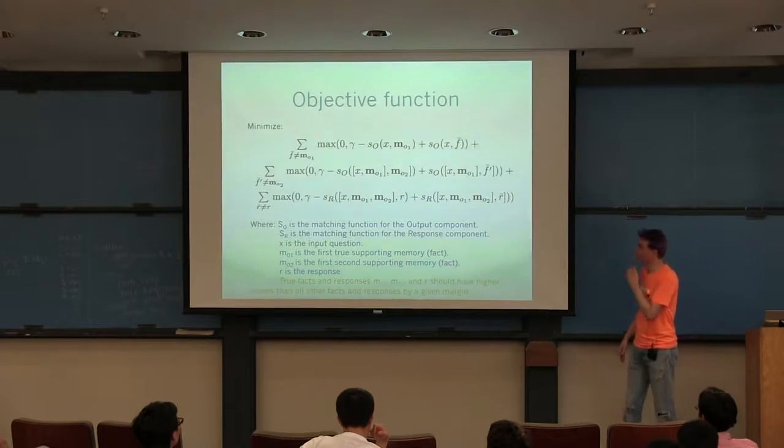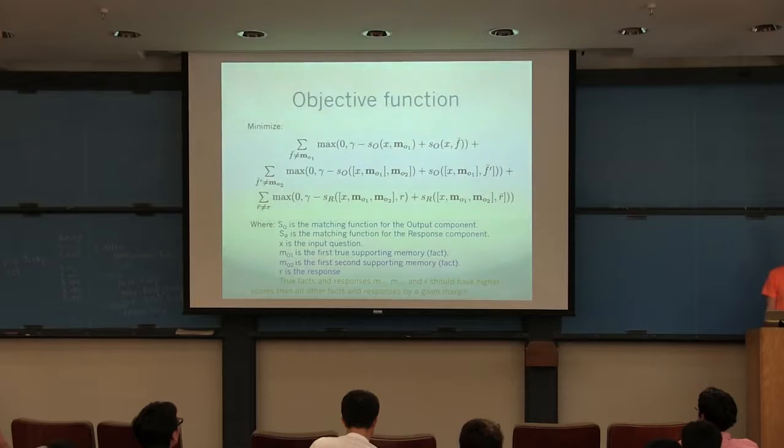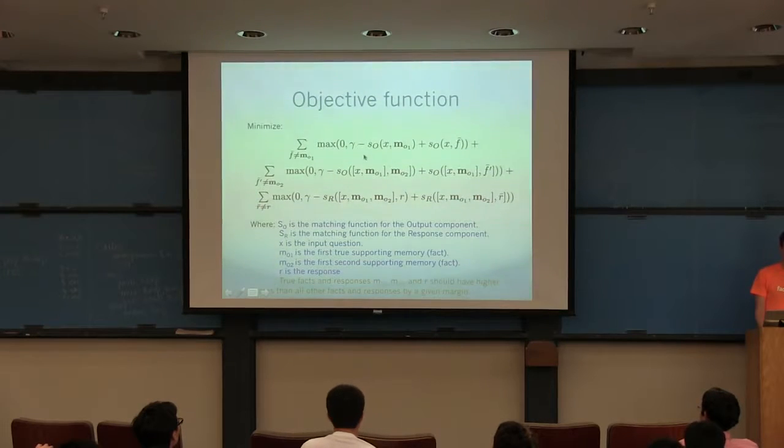Then the objective function basically ends up looking like this. This is for the whole model, both optimizing the O component that finds the supporting facts and the R component that produces the response. So the first line is for finding the first supporting fact, the second line for the second supporting fact, and the third line for finding the response.